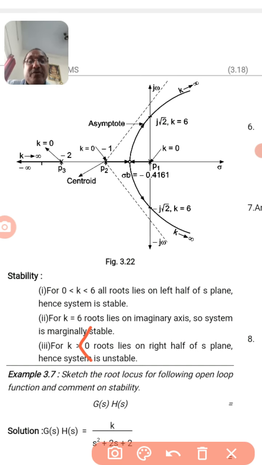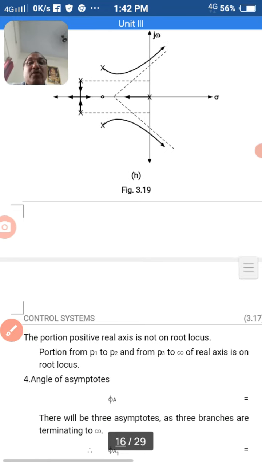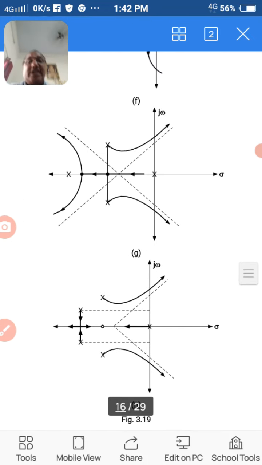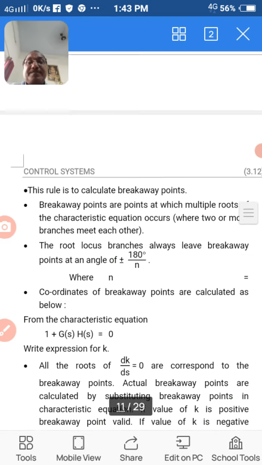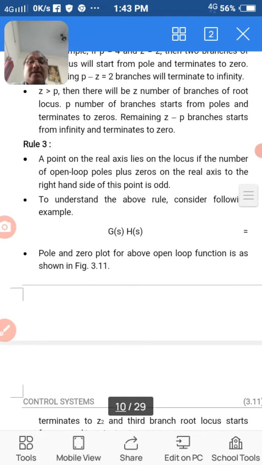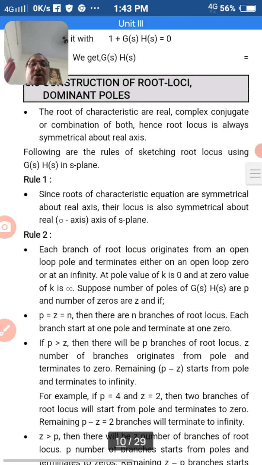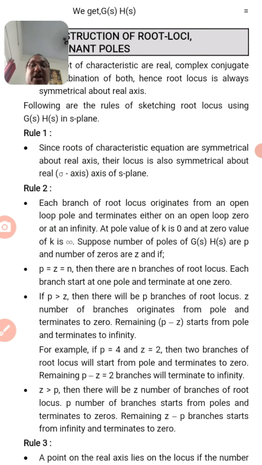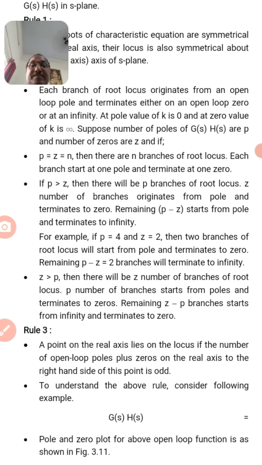Next part we will learn in the next lecture. Before that we will go for a conclusion. So how to find out the root locus technique, let us understand from a theoretical point of view. First, the root locus characteristic equation is plotted, find out poles and zeros, then find the centroid.